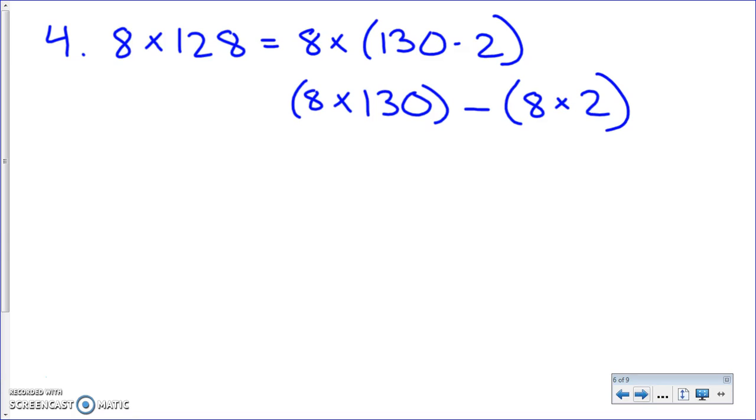And if you're thinking, okay, 8 times 130 in my head is kind of tricky, you can break it further apart into 100 plus 30.